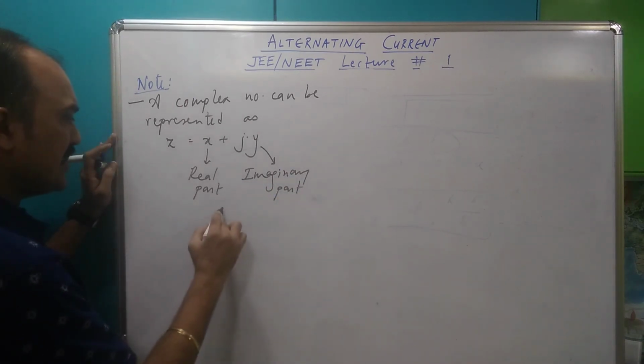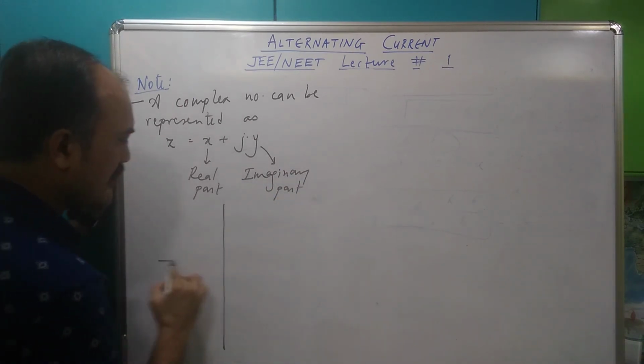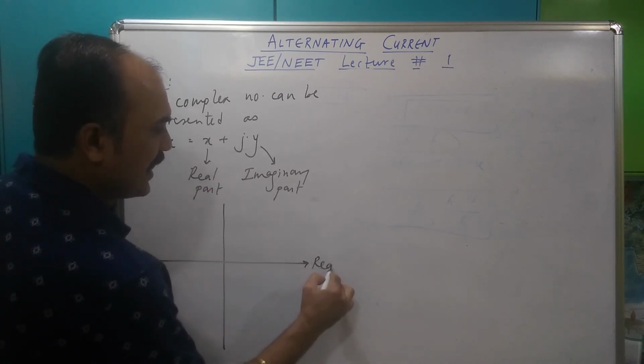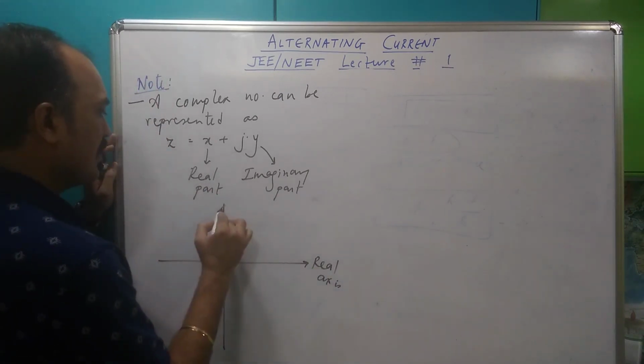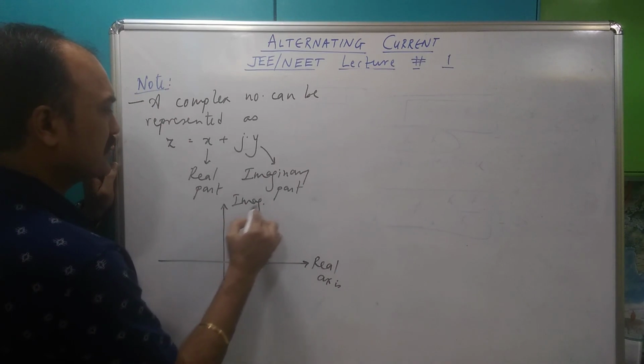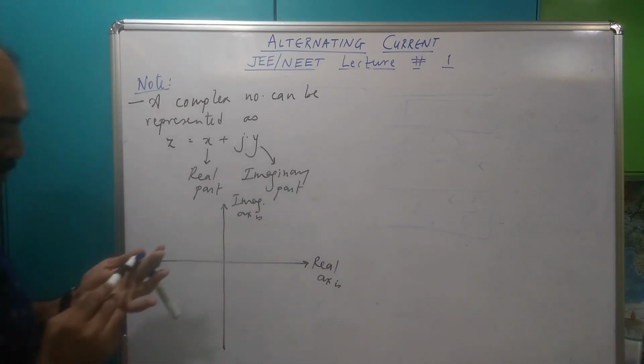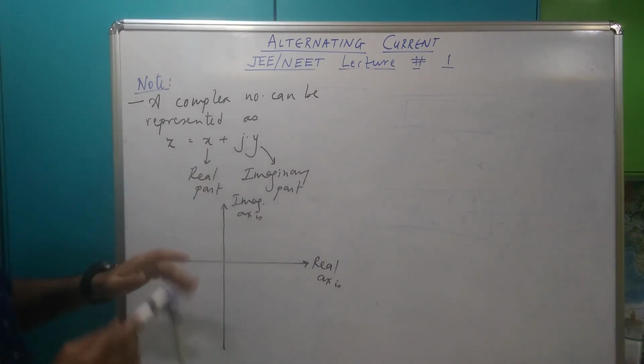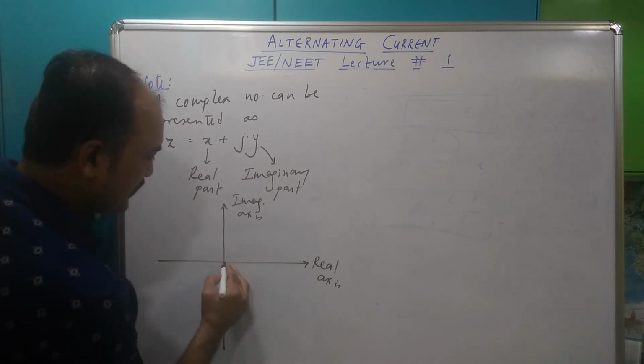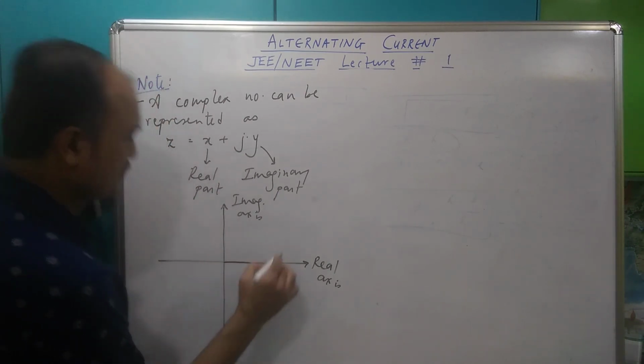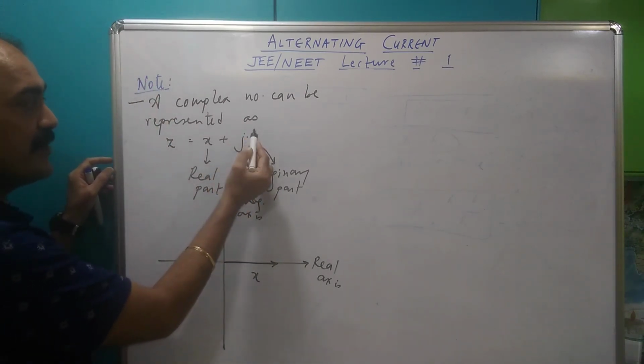They can be represented on the Argand plane. This is the real axis and this is the imaginary axis. If you see carefully, X is the real part and is represented like this. Only Y is the imaginary part.